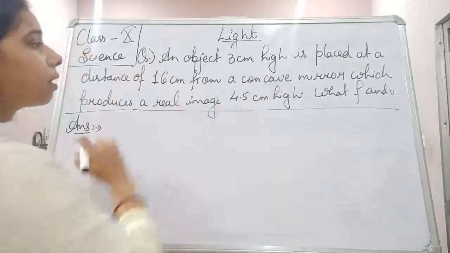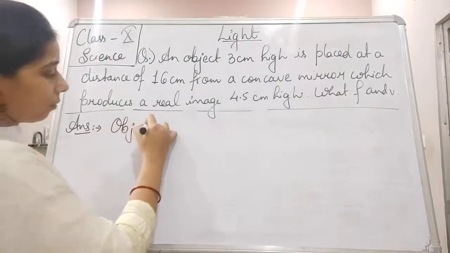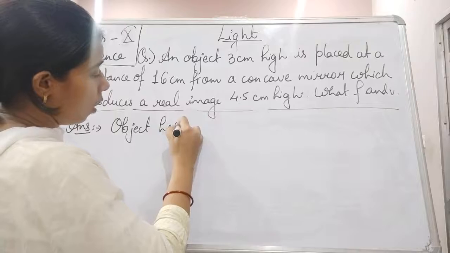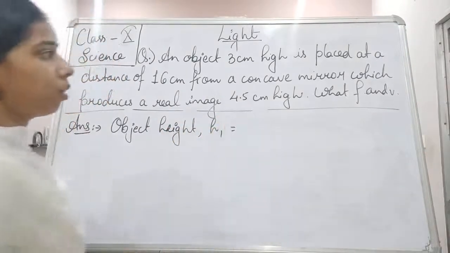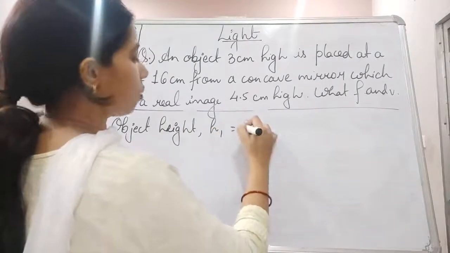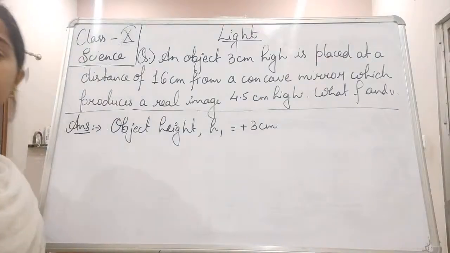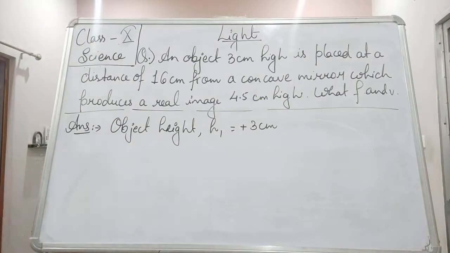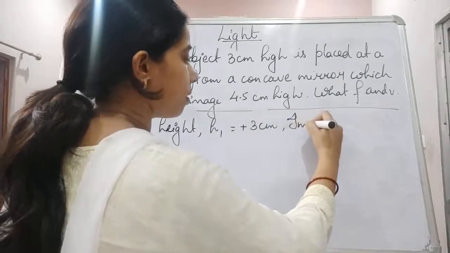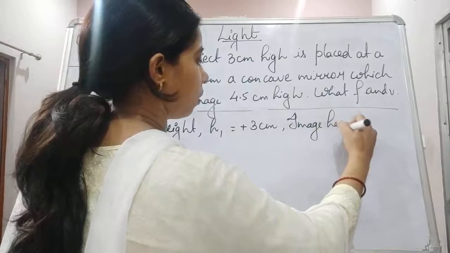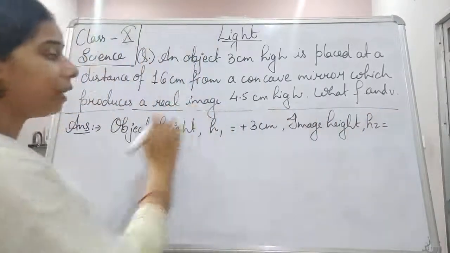Object is 3 centimeter high. So object height is given, which is represented by h1, which will be equal to plus 3 centimeter. Object height is plus 3, image height is h2, which is equal to, this is a real image, students.